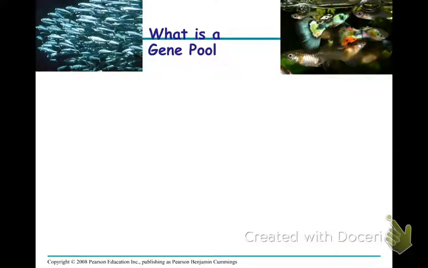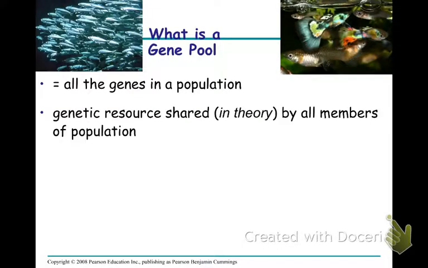Okay. So, a gene pool is all the genes in a population. And it is like a genetic resource that is shared in theory by all members of the population. Meaning it is just there in a box, anybody can access it. In theory, okay? Because we'll come to the understanding later that that's not normally possible.